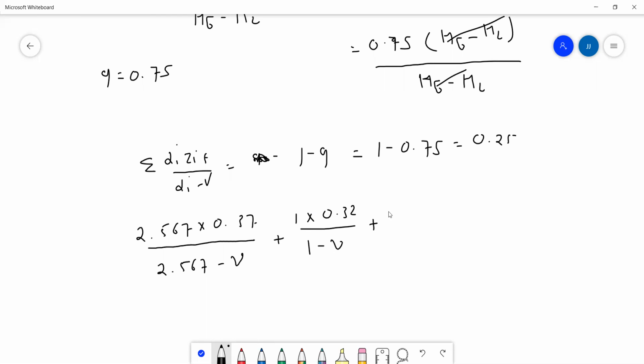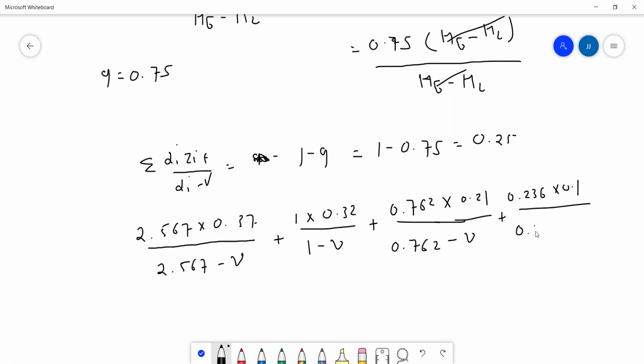Plus 0.762 multiplied by the mole fraction in feed for n-pentane, 0.21, divided by 0.762 minus theta. Plus 0.236 multiplied by 0.1 divided by 0.236 minus theta. This is equal to 0.25.